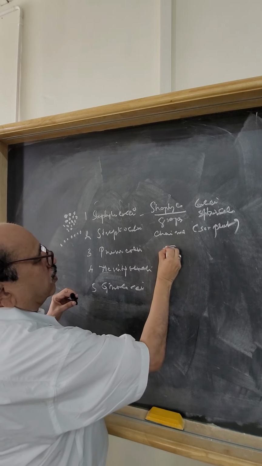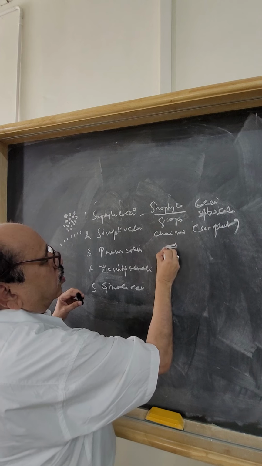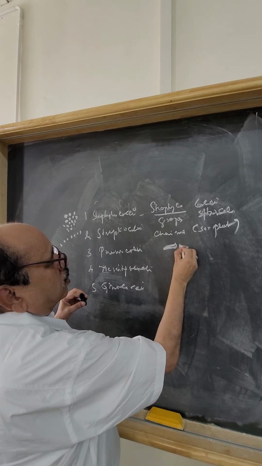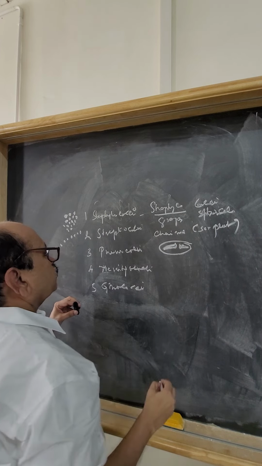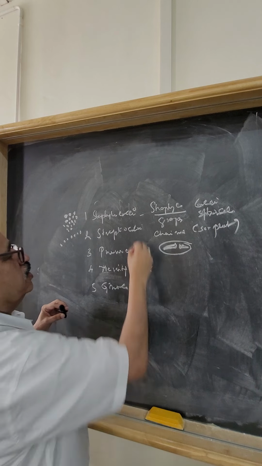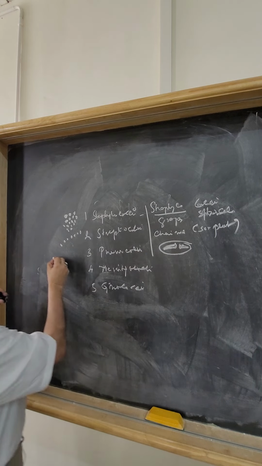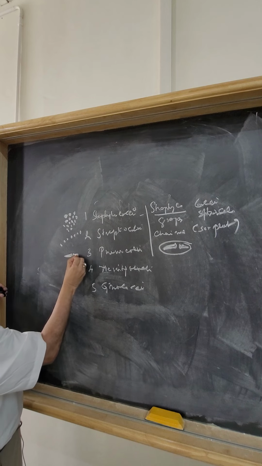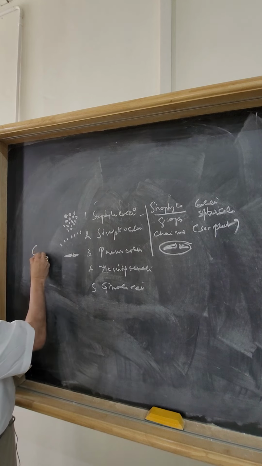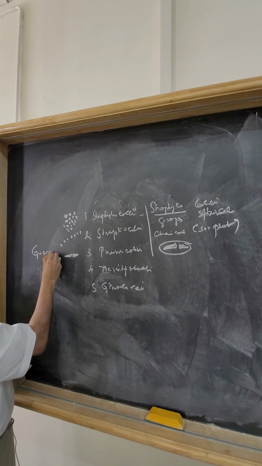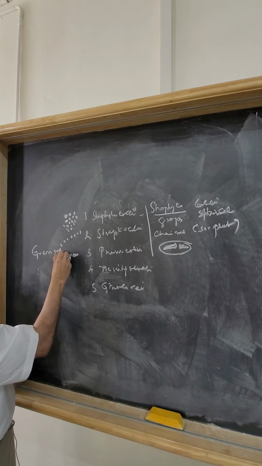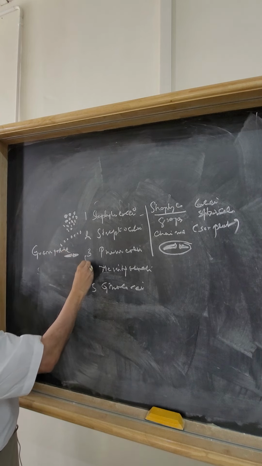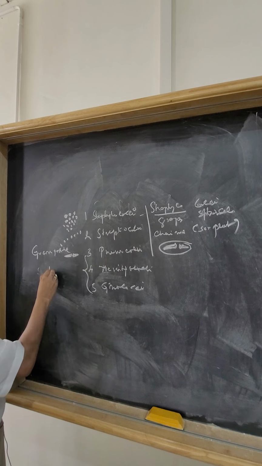Pneumococci is plano-convex and 2 cocci enclosed in a single capsule. Meningococci, these 3 are gram-positive. And these 3 are diplococci.